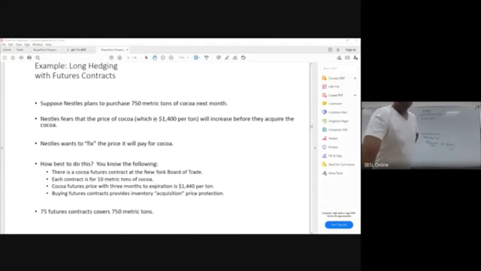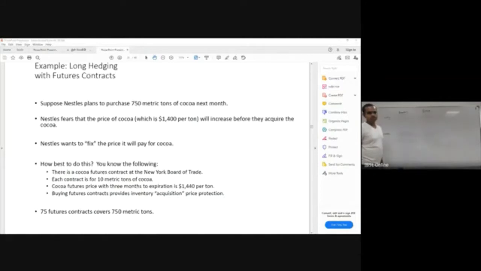And so let's do this example. Nestle plans to purchase 750 metric tons of cocoa next month. The price of cocoa, which is 1,400, they fear will increase before they acquire it.